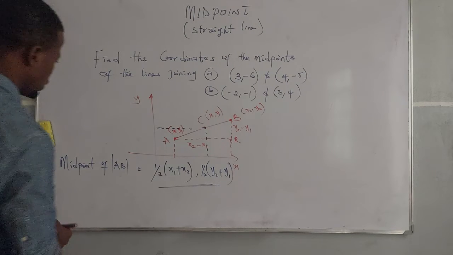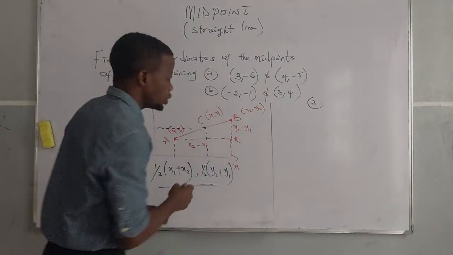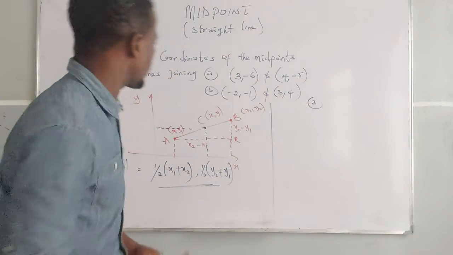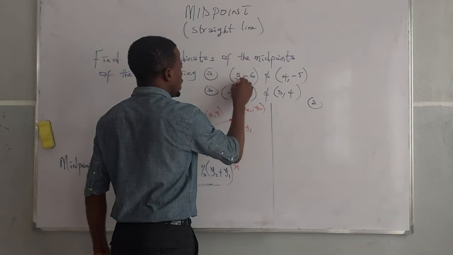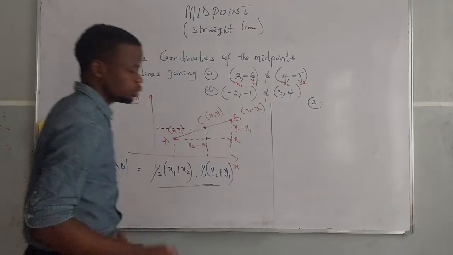So let's solve the first question. The first question says, you have A. This will be our x1, y1, x2, y2, right?